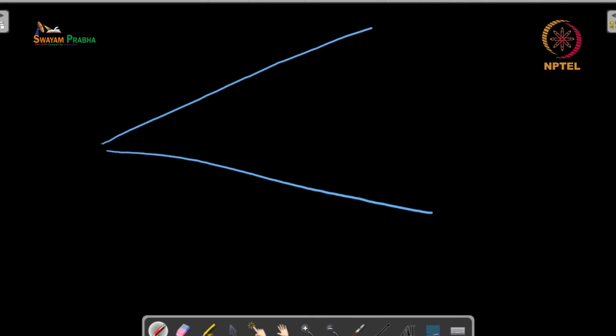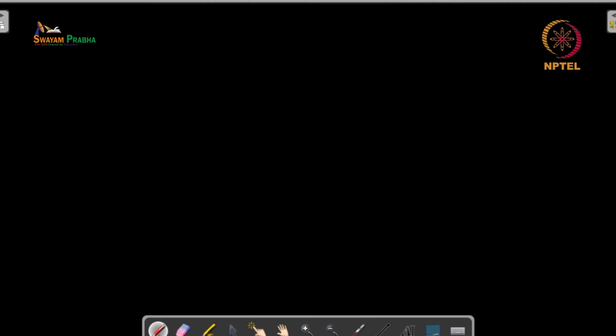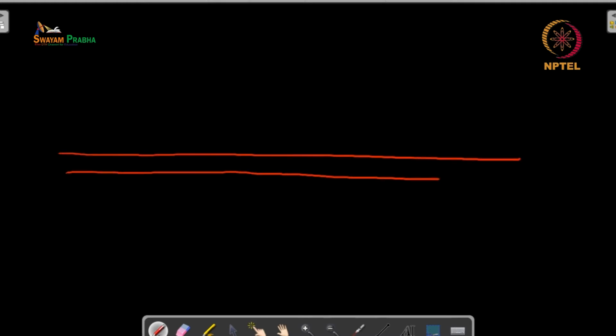In that case, the energy density here would be very high, whereas the energy density at this location would be reduced because the area has increased. Whereas in the case of laser, it just moves as a continuous beam without any spread. So the energy density at this location is equal to the energy density at this location is equal to the energy density at this location, and so on.